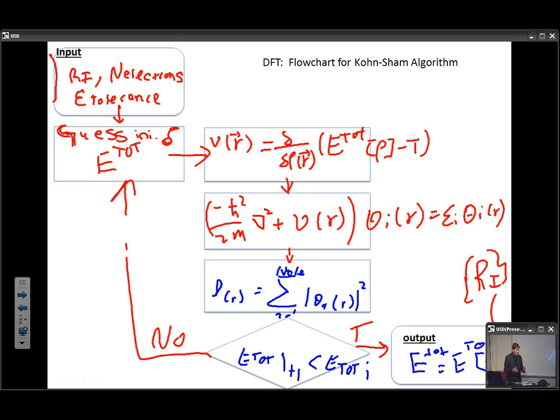As we go through the cycle, our total energy, our density, and our orbitals are slightly changing because they depend on each other. But they are changing consistently, and therefore one often refers to it as a self-consistent procedure. So it is not diagonalization of a matrix.